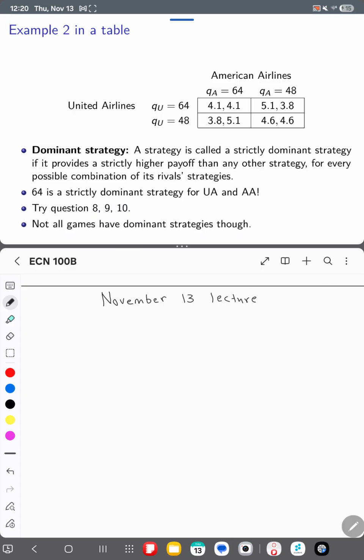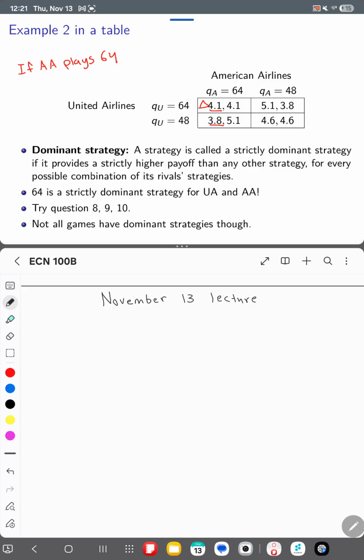Very nice. So if American Airlines plays 64, then as United Airlines you can either play 64 or 48 against it. They would respectively give you payoffs of 4.1 or 3.8. 4.1 is better, which means that the best response for you would be to try and get this 4.1 by playing 64. Then if American Airlines plays 64, your best response is also to play 64.